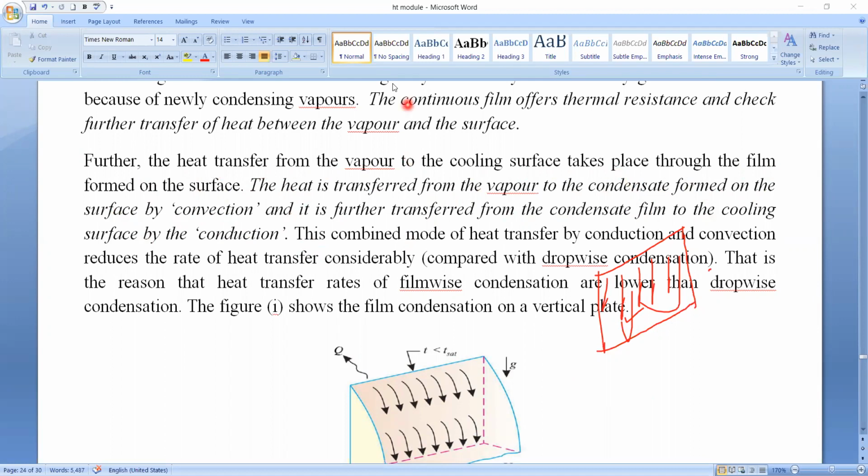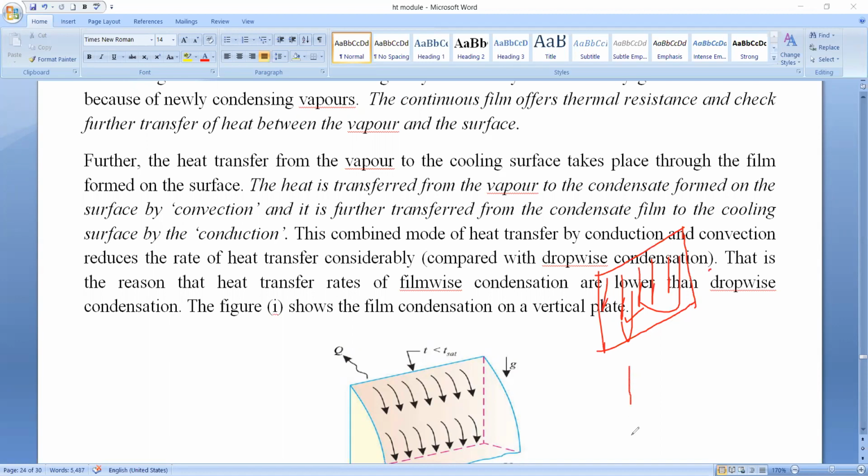The film formed over the surface of the bottle or the wall is a thin layer which acts like a barrier and resists the further heat flow from the vapor to the solid surface. Here there are two modes of heat transfer.